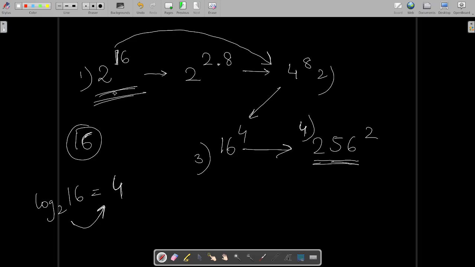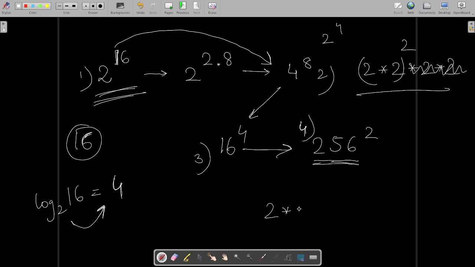More like, every time, if I had to do 2 raised to the power 4, instead of doing this into this into this into this, I know that I can just do a square here. I don't need to do this again. This is redundant. Now the same goes if you can capitalize again. I'm basically explaining this in a figurative manner.